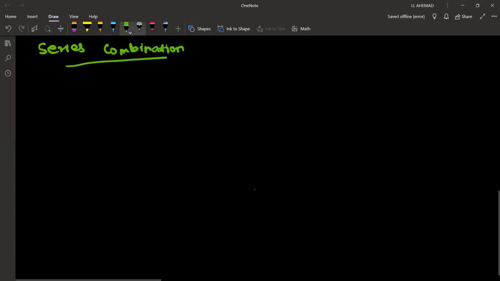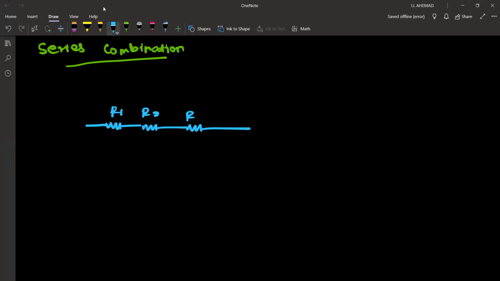So in series combination, let's say we have three resistors, R1, R2, and R3.